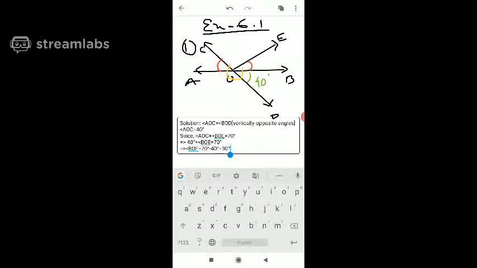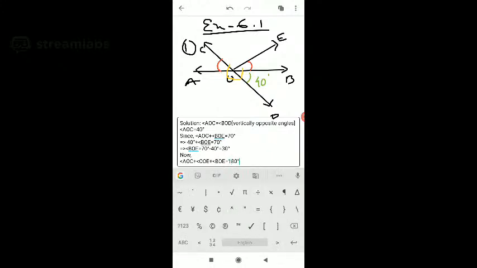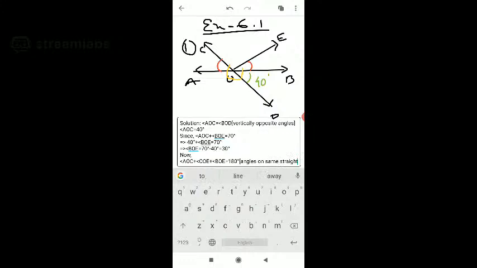So now the next step. We can write angle AOC plus angle COE plus angle BOE equals 180 degrees, and the reason is same straight line.